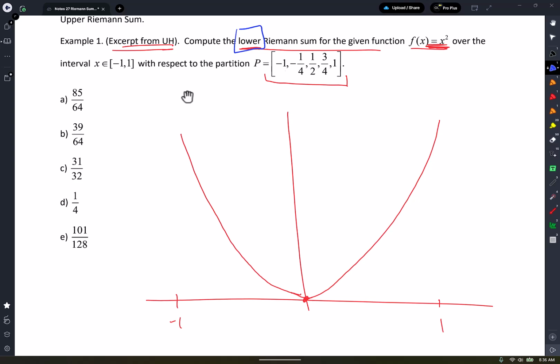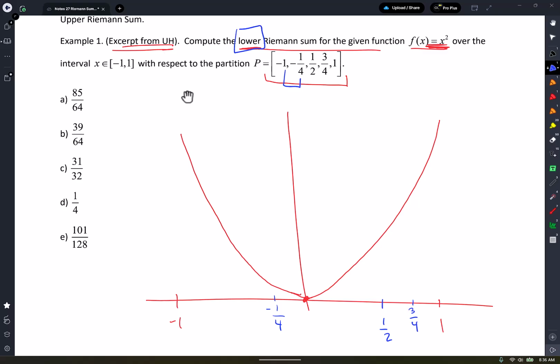So my first rectangle, here's my first one, between -1 and -1/4. So -1/4 is probably right, let's see, here's half. So here's -1/4. These do not have delta x's that are equivalent. The next one is at half. So boom, right here at half. And 3/4. Okay, here we go.